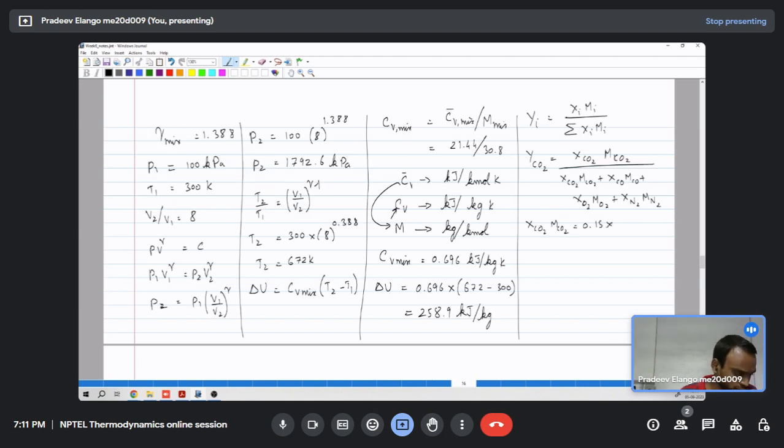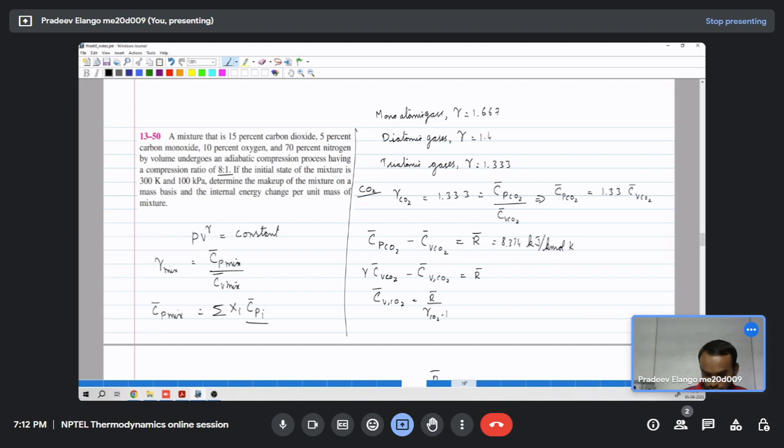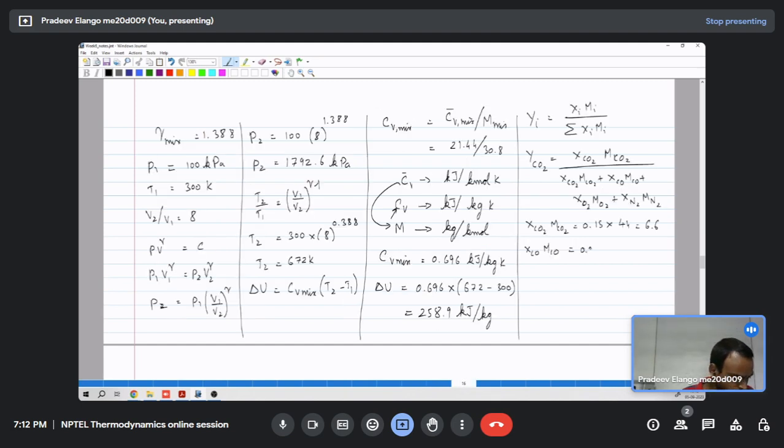So x CO2 times M CO2 is 0.15 into the molecular weight of CO2, which is 44. That is 6.6. x CO into the molecular weight of CO: x CO is 0.05 into 28, that is 1.4.